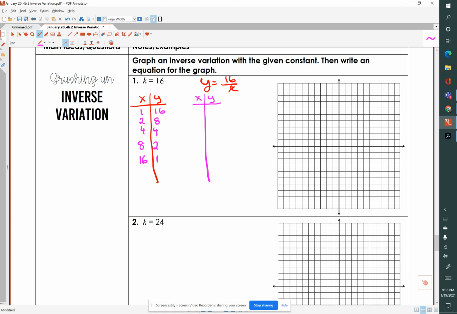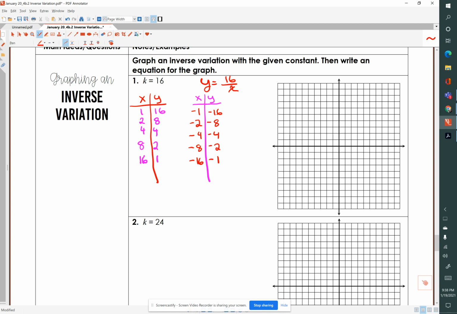So let's do the negative values that multiply together to positive 16. So negative 1 times negative 16, negative 2 times negative 8, negative 4 times negative 4, negative 8 times negative 2, and negative 16 times negative 1.